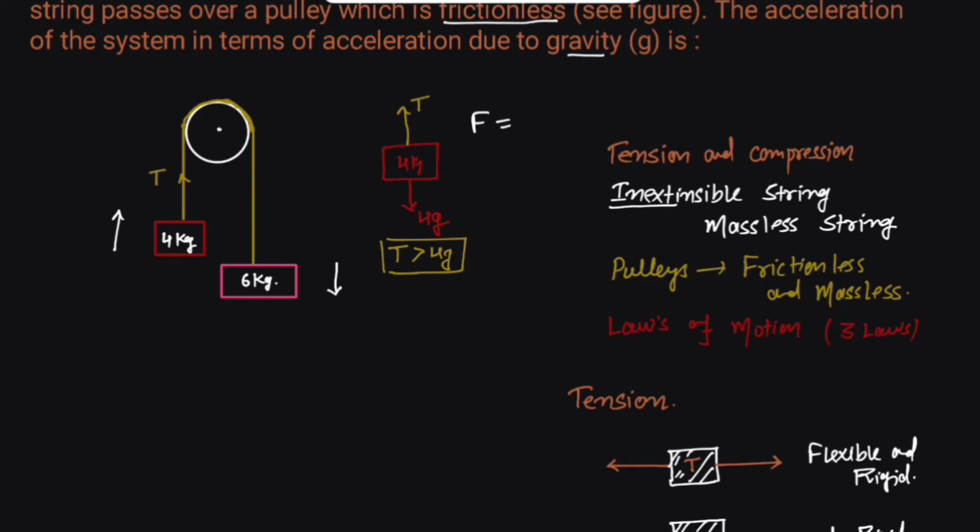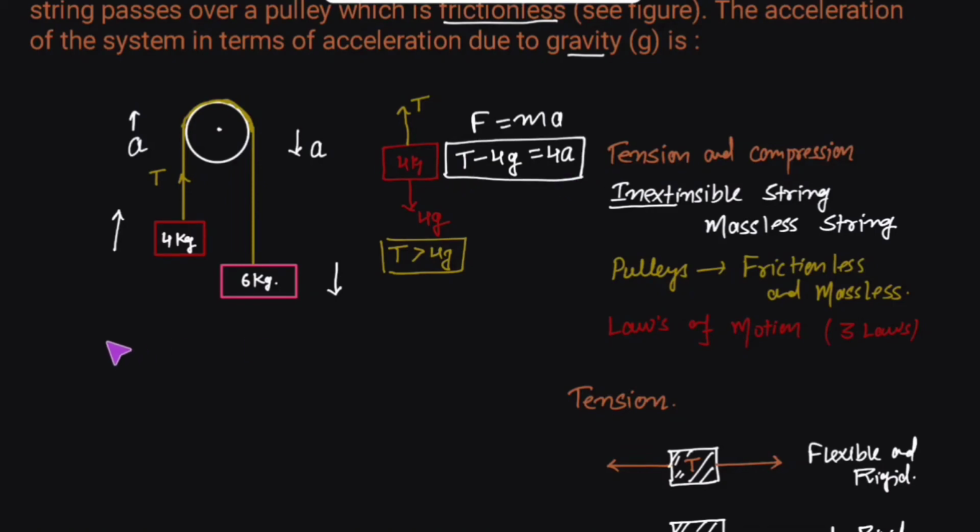So net force in upward direction would be T minus 4g. Mass of the block is 4 kg. We assume it is moving with an acceleration of a upwards, and therefore this would also move with an acceleration of a, but downwards, because they are connected by the same inextensible string. T minus 4g equal to 4a is the first equation.